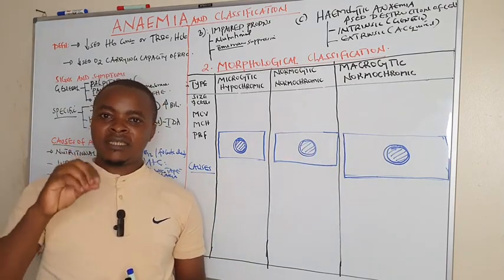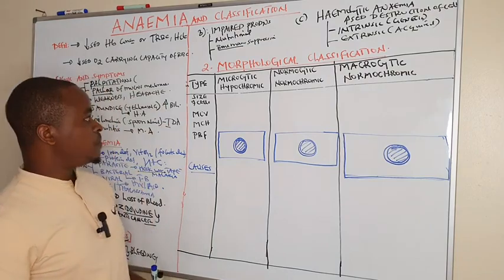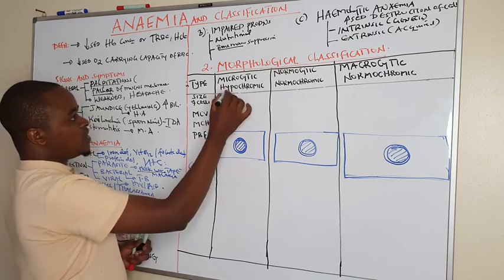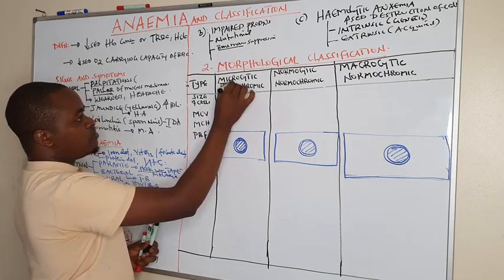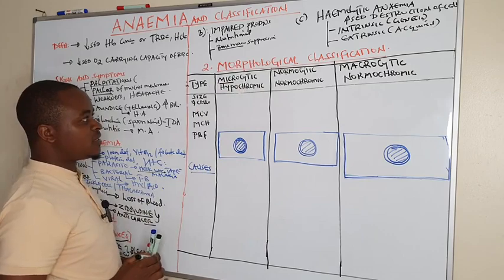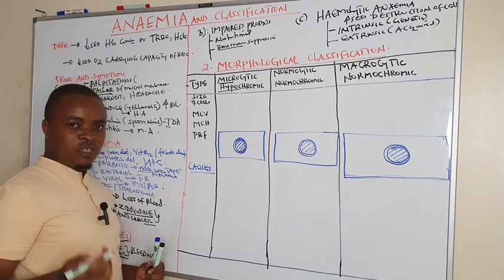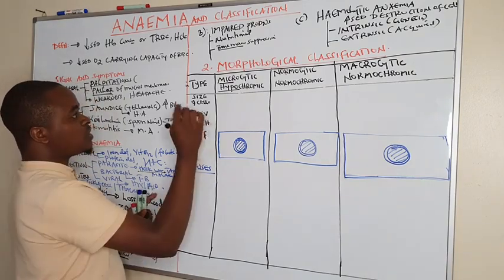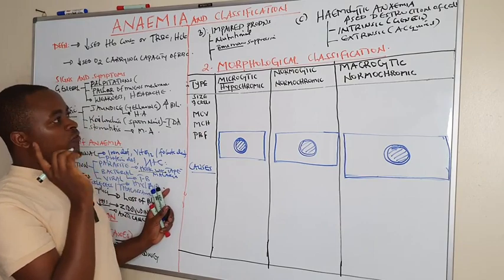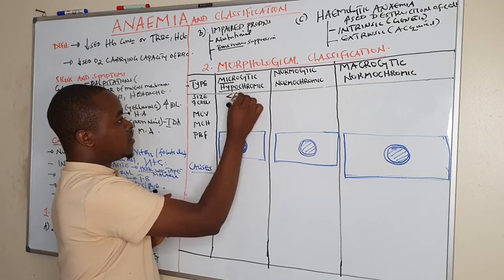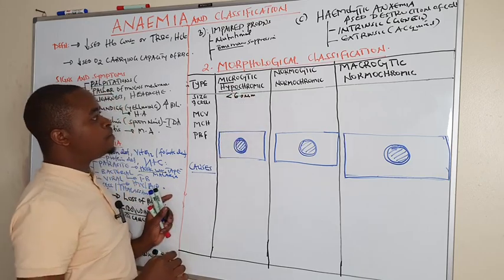We are going to discuss each in detail under these headings. Microcytic means the cells are small in size, and hypochromic means the staining or the HB concentration is low. The size of the red cell here will be less than 6 micrometer in diameter.